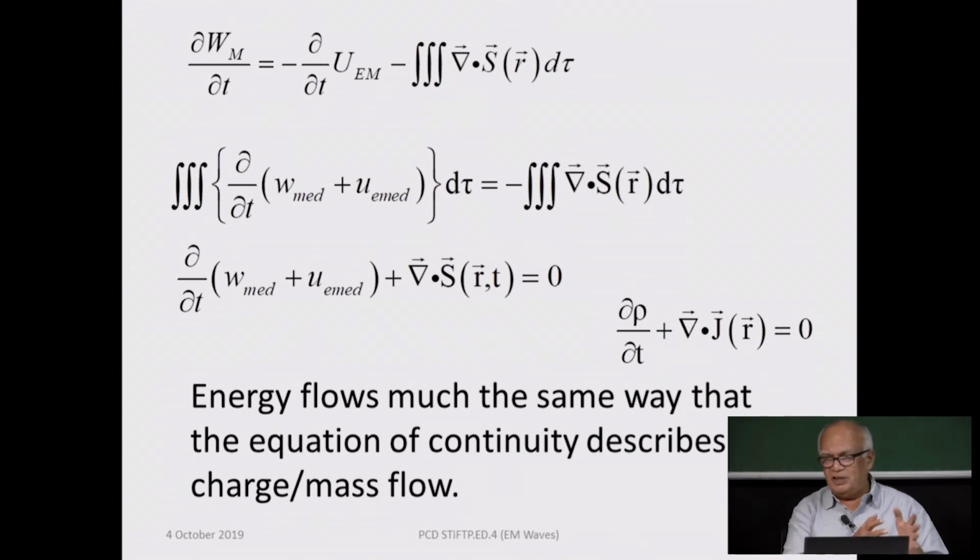Flow of charges when electrical charges are flowing in a conductor, for example, all right? And that is what gives you the divergence of J. That is what gives you Kirchhoff's laws. So they are all connected. And electromagnetic energy flows exactly the same way, in conformation with the equation of continuity, just the way mass or charge flow is explained.